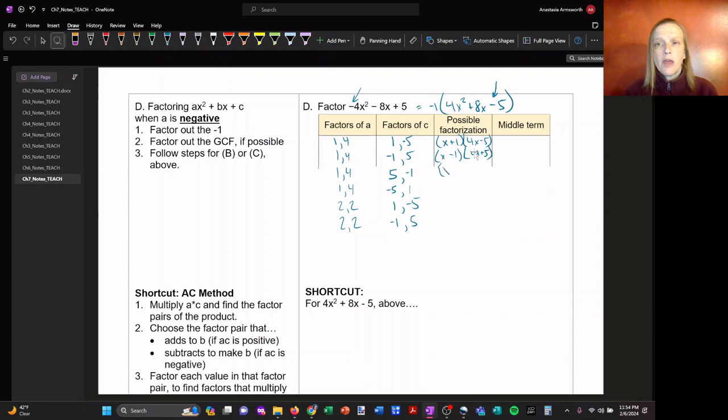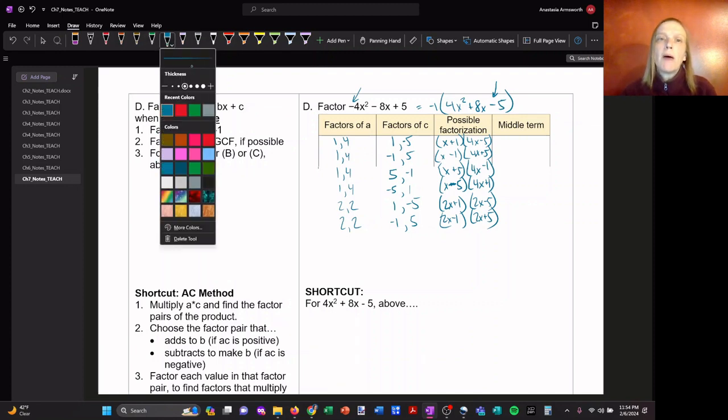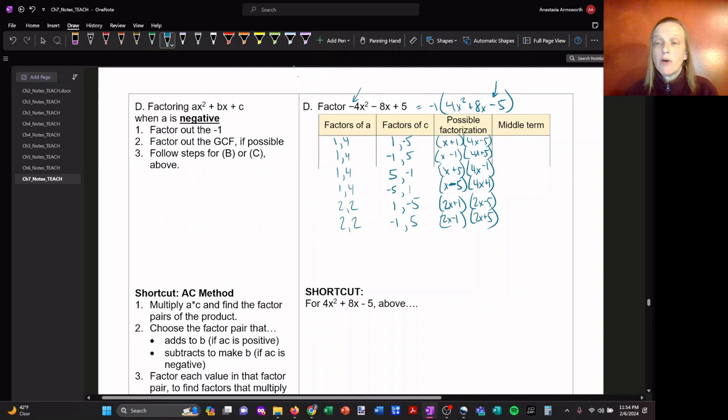I could have x plus 5 times 4x minus 1, x minus 5 times 4x plus 1, 2x plus 1 times 2x minus 5, and 2x minus 1 times 2x plus 5. So those are all the possible factorizations that we have to consider.